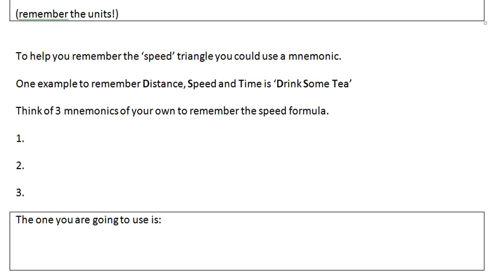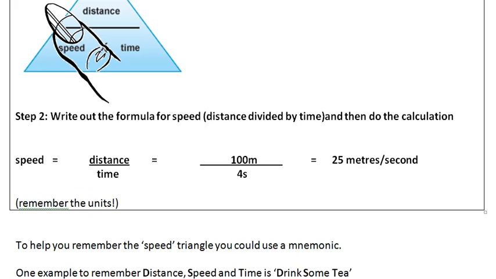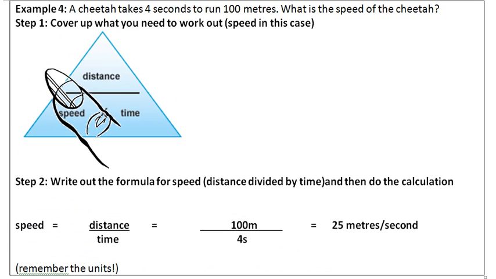So you might have used something like that before. This example is for distance, speed and time, and one that quite a few people use is drink some tea. So distance, speed, time, drink some tea. So from that they'd be able to reproduce that question there. Okay.